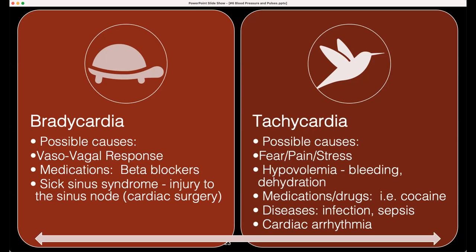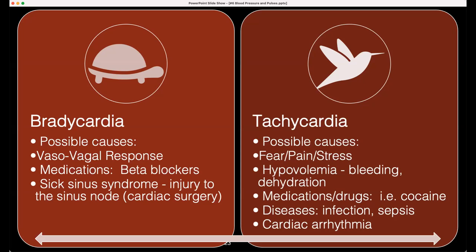And causes of tachycardia can include fear, pain. So pain and fear can actually cause tachycardia or bradycardia. They can actually stimulate the vagus nerve, or they can cause sympathetic stimulation. Hypovolemia, so the heart rate is trying to compensate for the low blood volume.